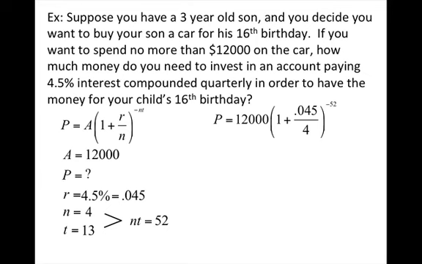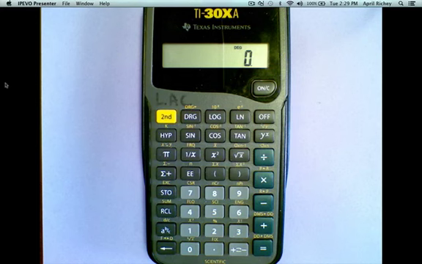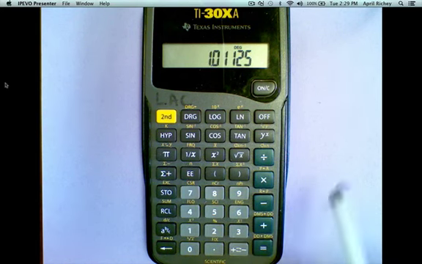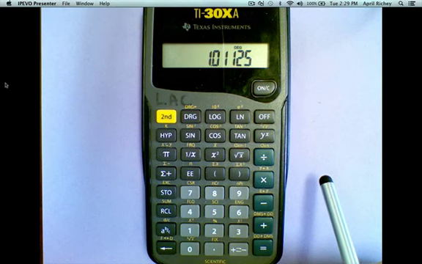So in my calculator, I'm going to do what's inside the parenthesis. Then I'm going to raise it to the exponent, and then I'm going to multiply it by 12,000. So we're going to begin with 1 plus 0.045 divided by 4. And that gives me 1.01125.